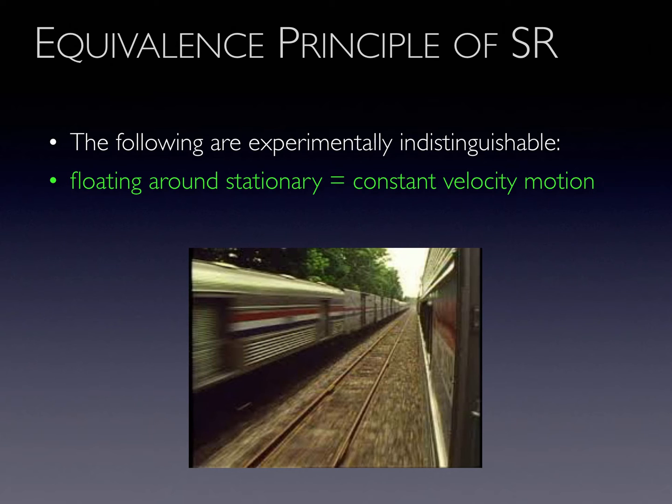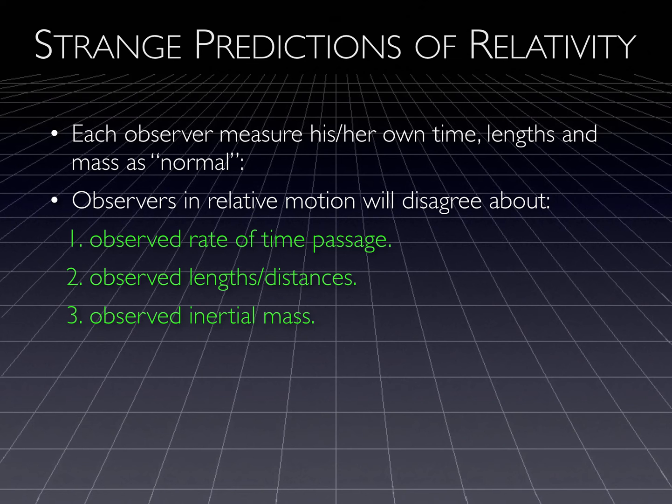Of course, in daily life, there is definitely a practical sense of what we consider to be moving and what is at rest, but in a strict physics sense, there is no difference between these two cases. Equivalence principles like this have been around since Galileo, but Einstein's version includes electromagnetic phenomena as well.